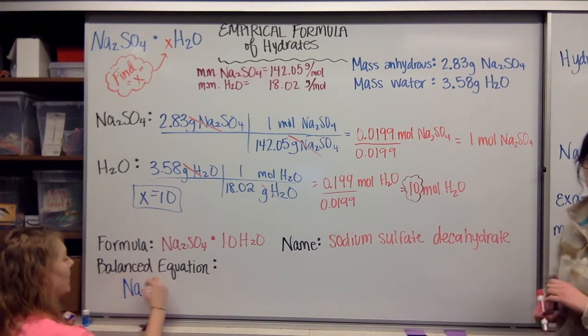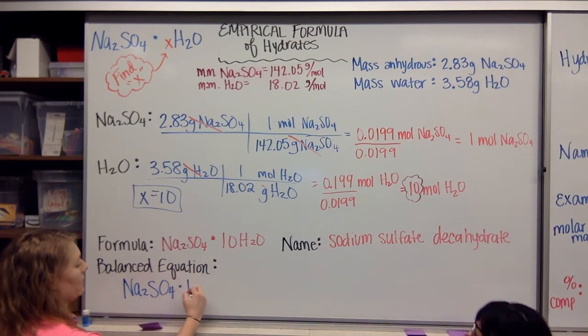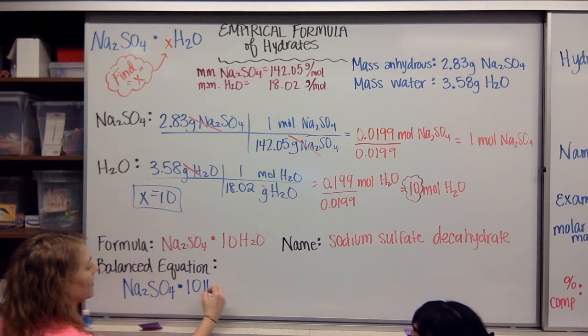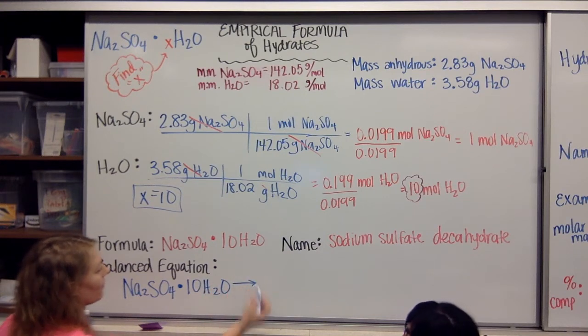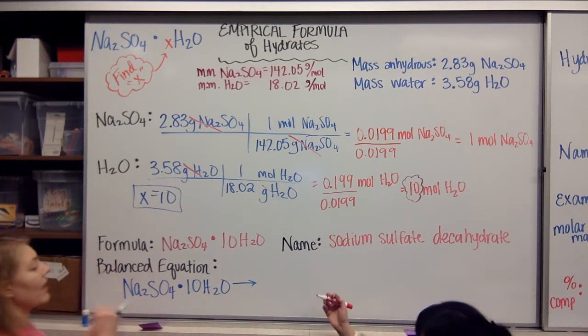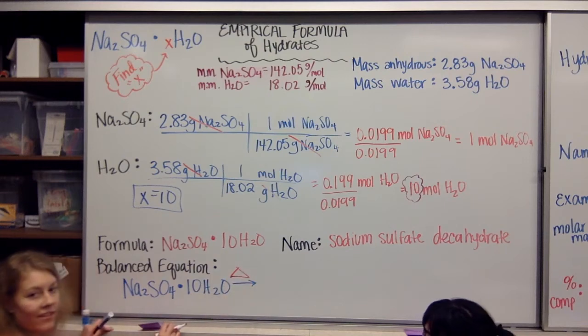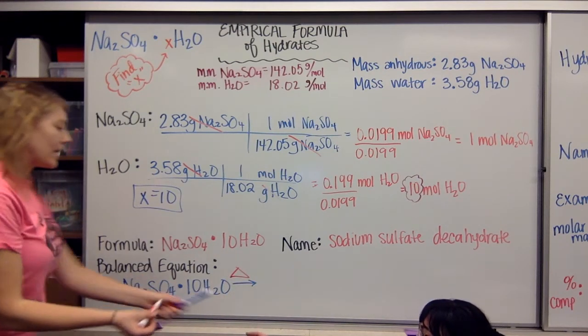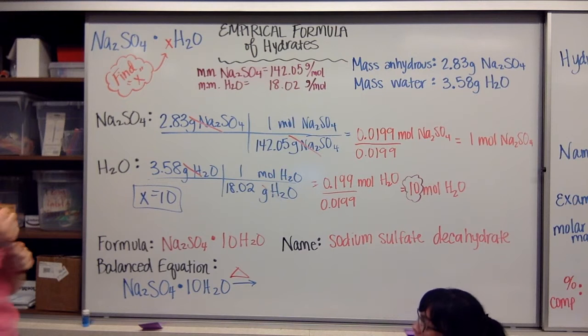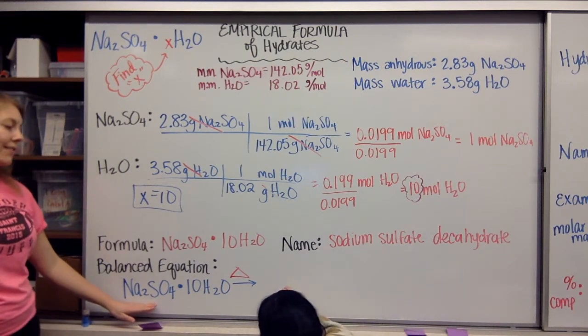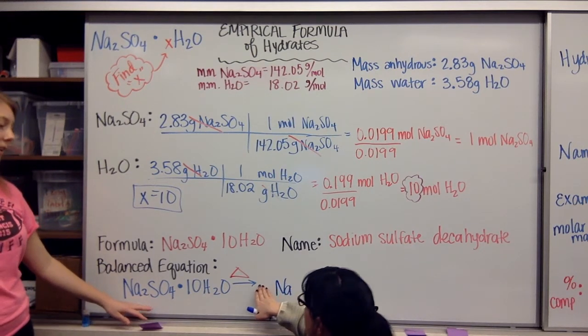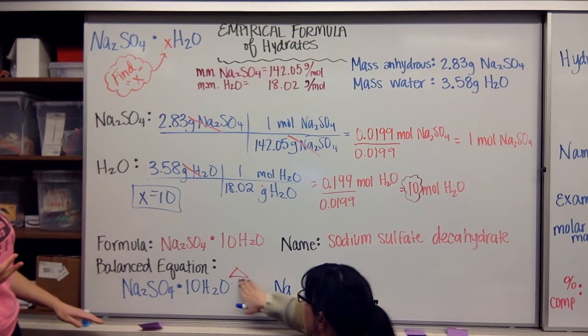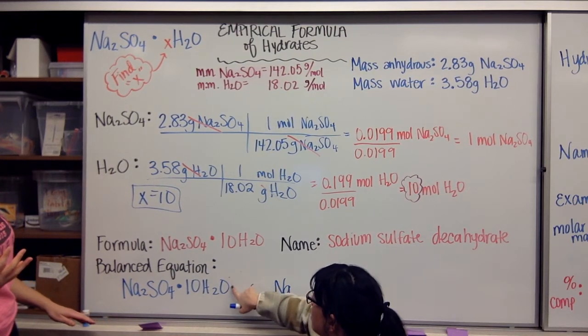We're starting with a hydrate. We're starting with the hydrate, sodium sulfate decahydrate, and we're heating it up. So there's our symbol for heat. When we heat it up, it's going to break down into Na2SO4. That's a solid. You forgot the... What did I forget?